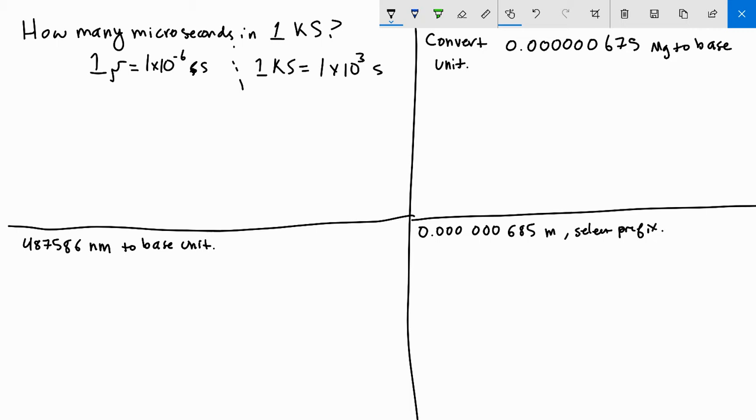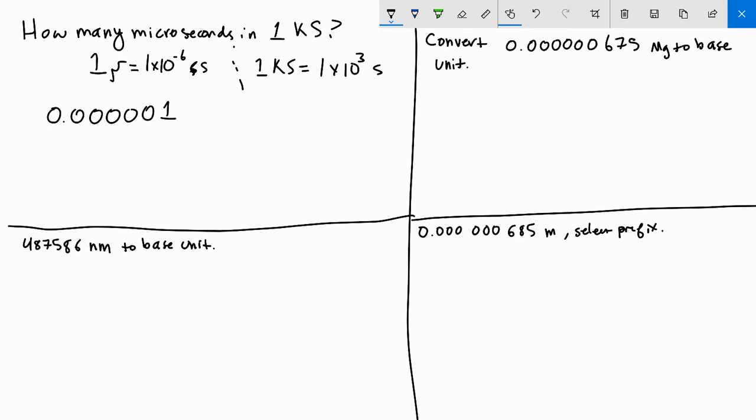Let's write this out. So I have my 1 times 10 to the negative 6, so that means 1, 2, 3, 4, 5, and then decimal. And then you should always have a 0 before your decimal, just so you know. That's just proper form. So I want to get from this value, 1 times 10 to the negative 6, or 0.000001, to 10 to the 3rd power.